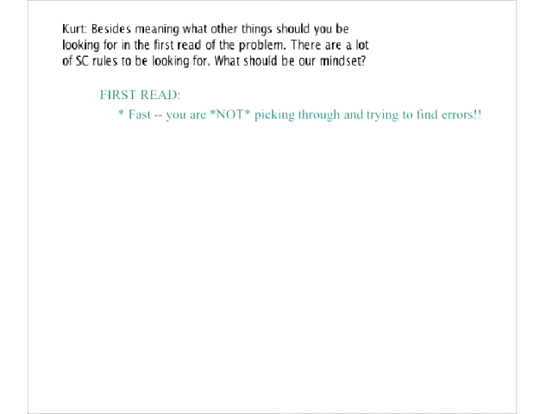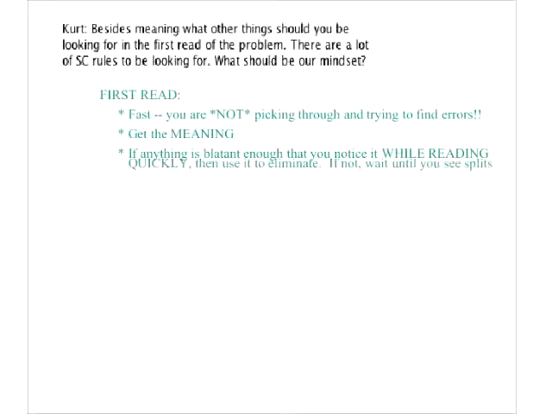So you're not doing that. You should get the meaning. And if anything is blatant enough that you notice it while reading quickly, then use it to eliminate. If not, then wait until you see splits in the choices.